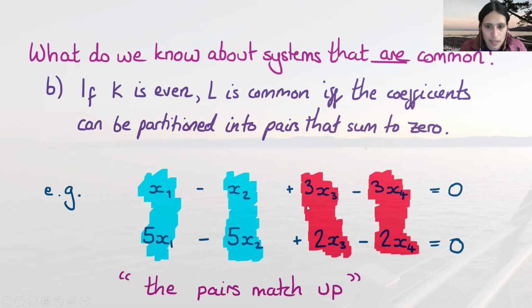So for example, here, then we can show that this system is common. But again, right, this is a very kind of structured family of systems here. We take several of these equations and the pairs all match up in the same way. I wouldn't say it's a particularly interesting family necessarily.